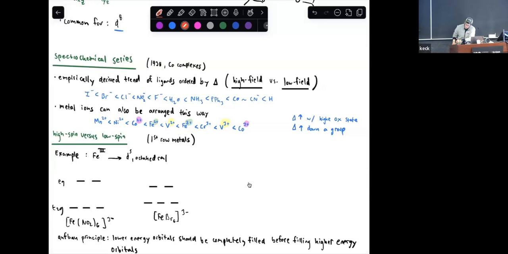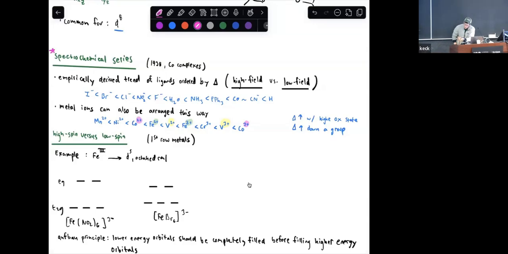The spectrochemical series is an ordering of ligands on the basis of their splitting energy. As you can imagine from the name, it's ultimately read out of electronic absorption energies.